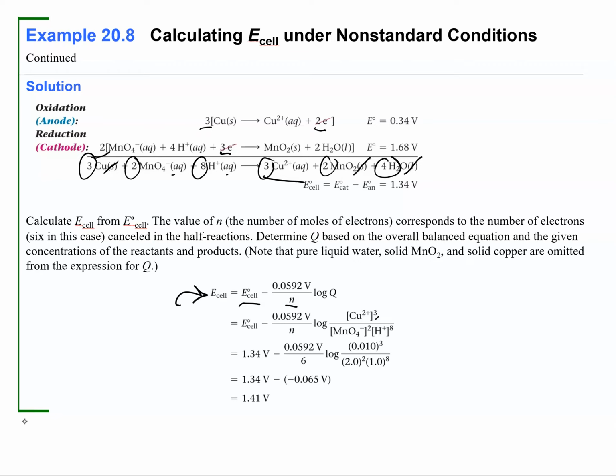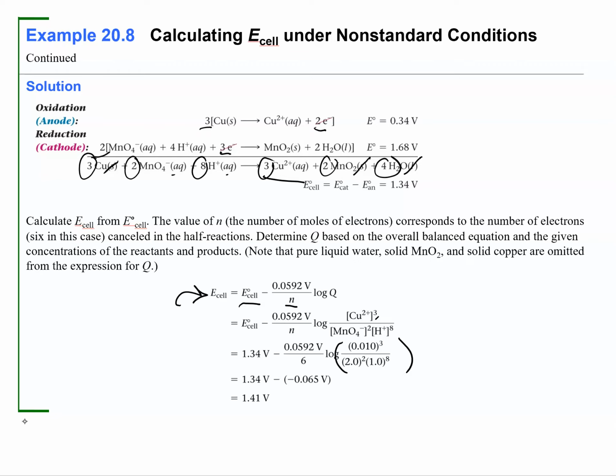We have our standard number of volts that we're using, 0.0592 volts, divided by 6 for N, as our number of electrons that are being transferred in a balanced reaction, times the log of all of these bits.